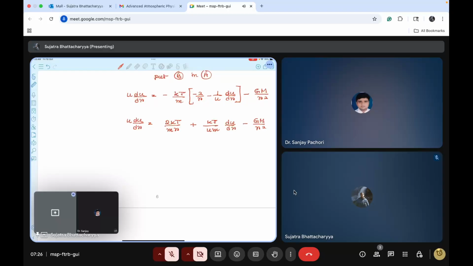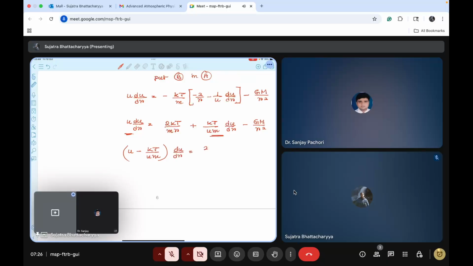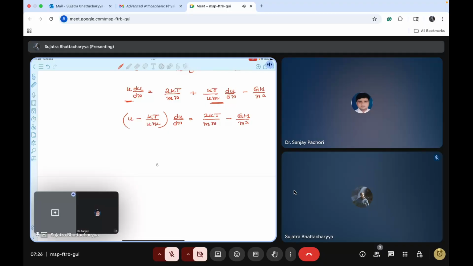Next, what can we do? The du/dr term can be separated. So u minus kT by um du/dr, and you have 2kT by mr minus GM by r squared. This is an important expression.